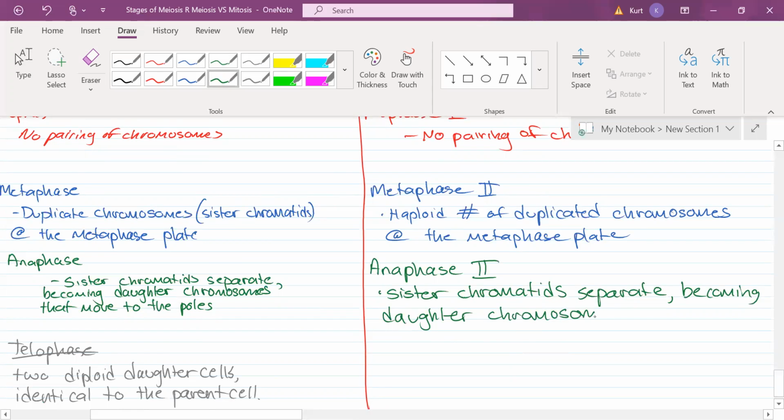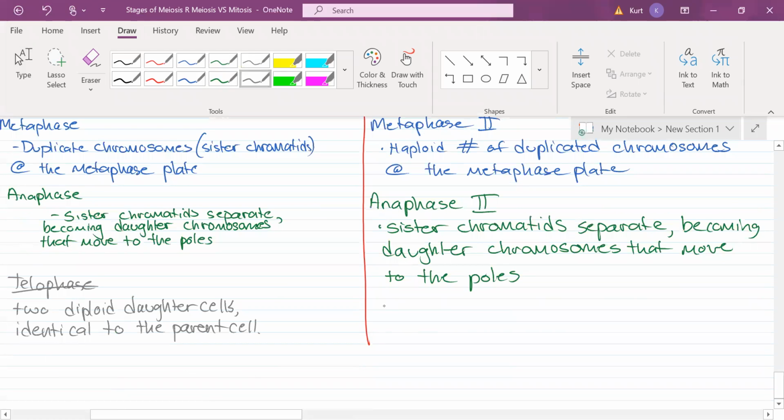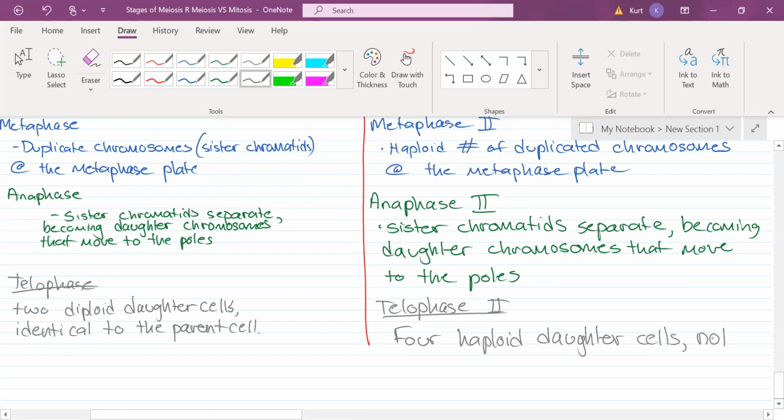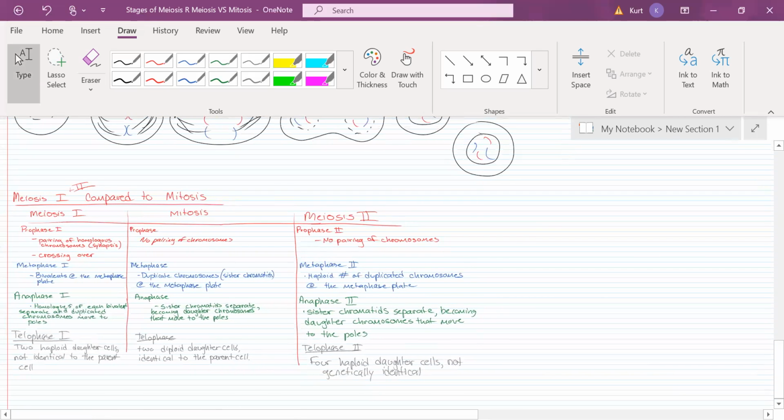Remember, daughter just means the result of a parent. That move to the poles. And then lastly, almost done, we have telophase 2. You have 4 haploid daughter cells, and they are not genetically identical. Okay, so remember that meiosis 2 is more like mitosis than meiosis 1 is.